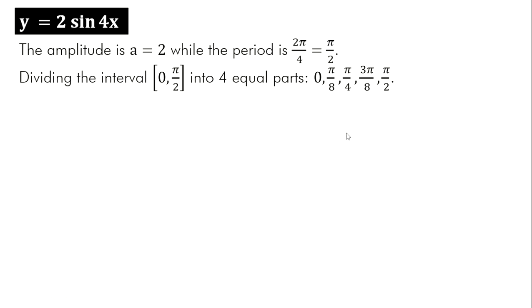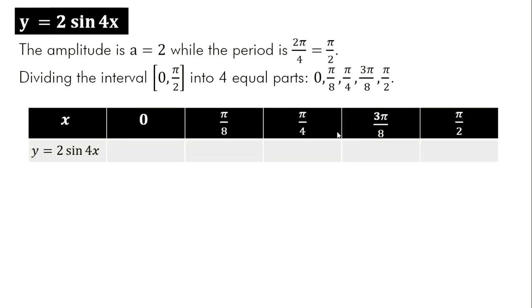Now, given these 5 values of x, let's substitute them into our function y equals 2 sine 4x. If we substitute 0 for x, that is 2 times sine 4 times 0, and 4 times 0 is 0, and sine 0 is 0. So 2 times 0 is 0.